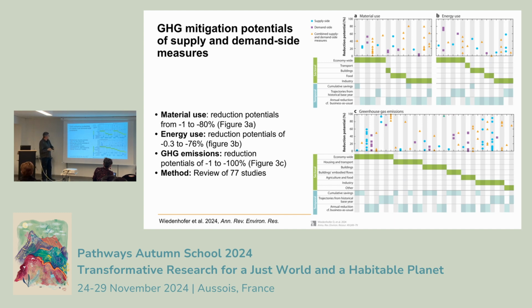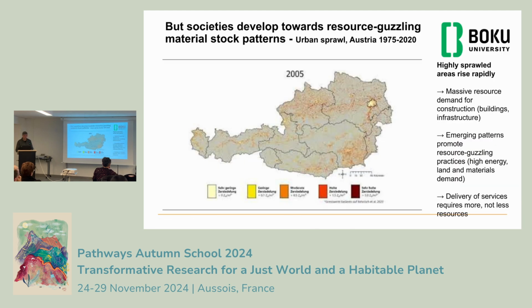Same for energy, up to 70% reduction potentials, greenhouse gas emissions up to 100%, based on a review of 77 studies published in the Annual Review of Environment and Resources.